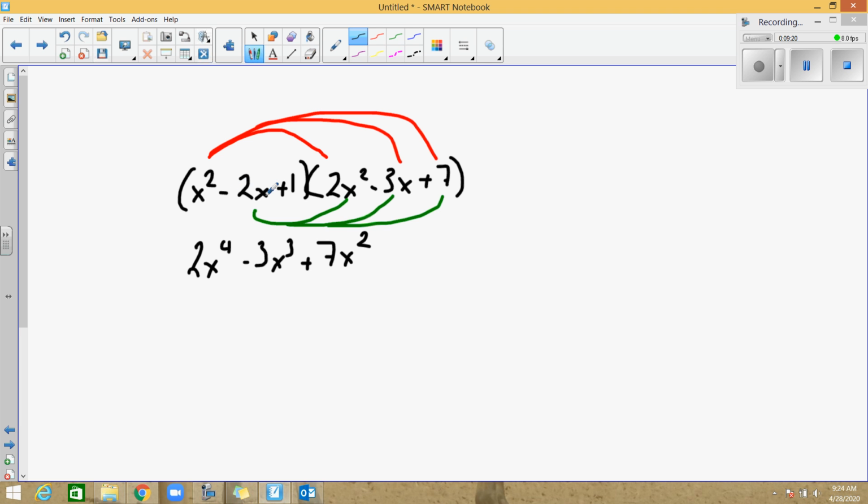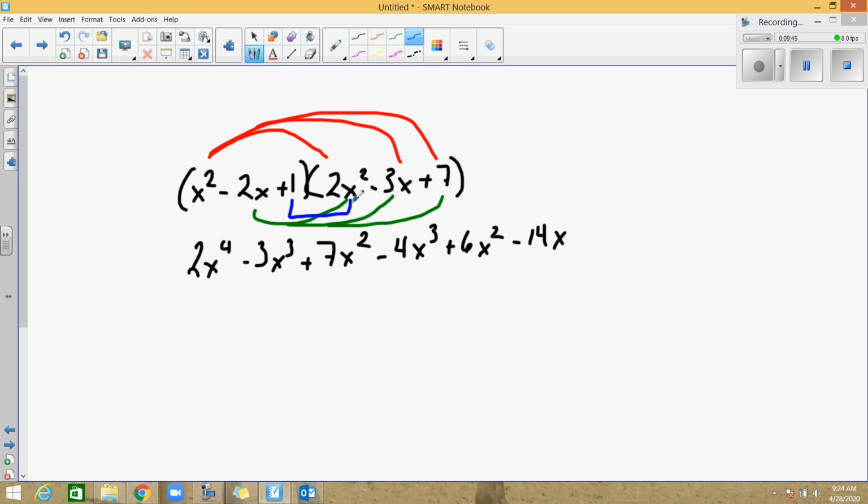So negative 2x times 2x squared is a negative 4x cubed. Negative 2x times a negative 3x is a positive 6x squared. And a negative times a positive is a negative: 2 times 7 is 14x. And now we have one more guy to do, and that's this 1.